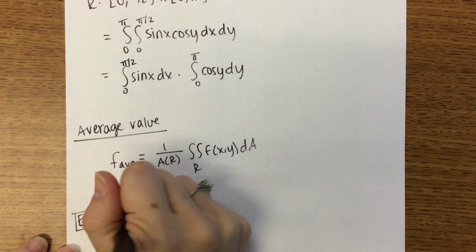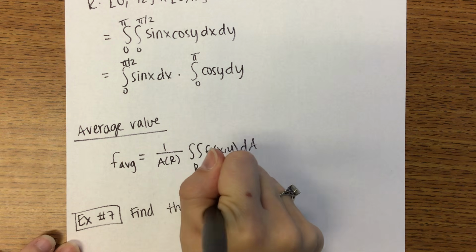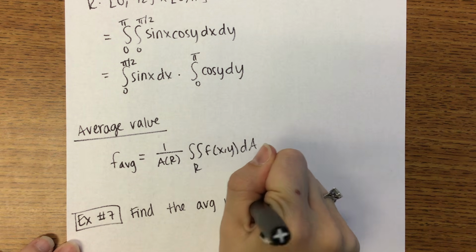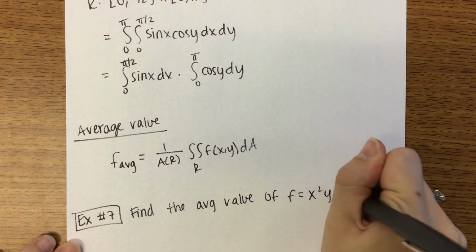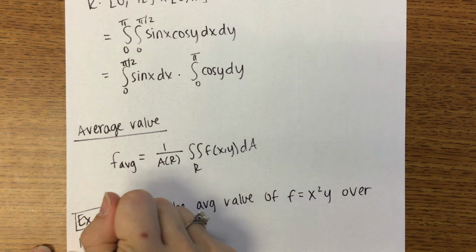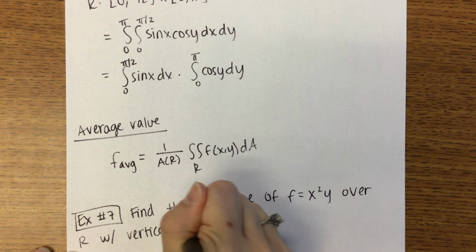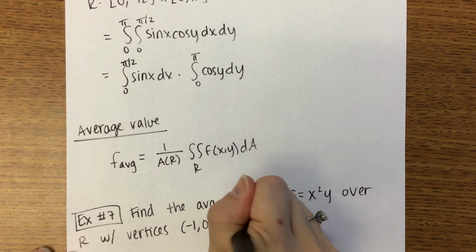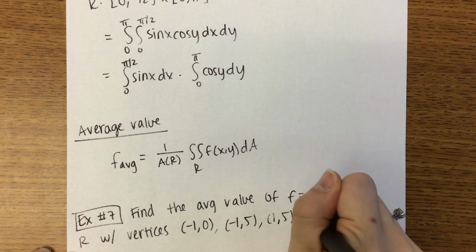So last example, we are going to find the average value of f, which is equal to x squared y over the region R that has vertices -1, 0, -1, 5, 1, 5, and 1, 0.